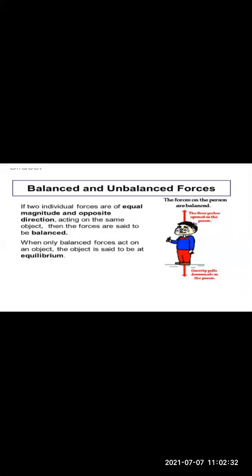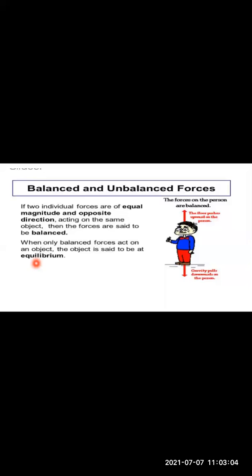Now students will ask me, what is the difference between balanced and unbalanced force? If two individual forces are of equal magnitude and opposite direction, acting on the same object, then the forces are said to be balanced. When only balanced forces act on an object, the object is said to be in equilibrium.